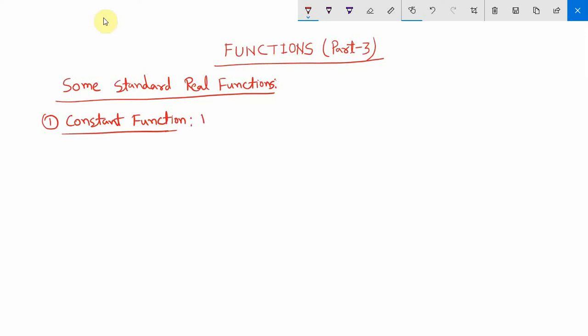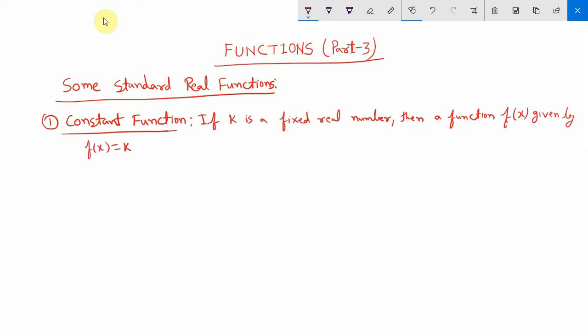So we can write, if k is a fixed real number, then a function f(x) given by f(x) equal to k for all x is an element of the real number set is called a constant function.